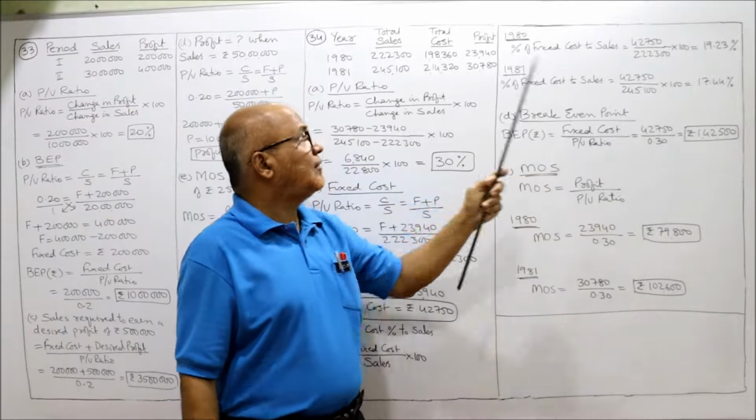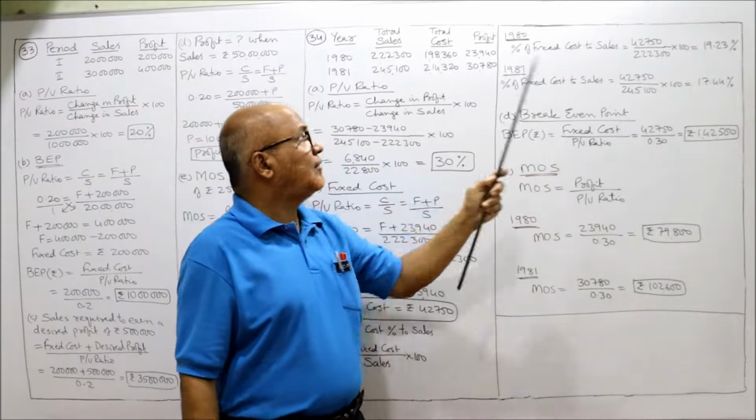It means we have to calculate BEP in units. And lastly, number of units to be sold to earn a desired profit of rupees 40,000. Seventh formula, last formula we will apply.